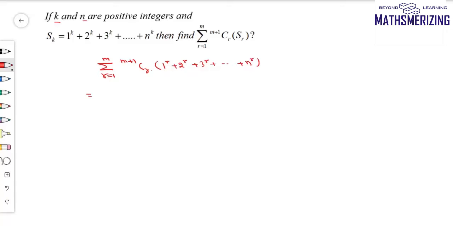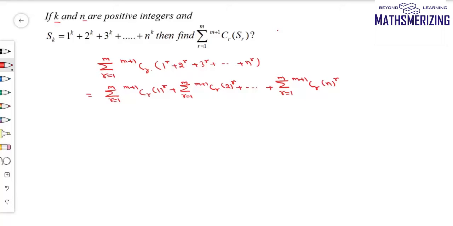So now I'll separate all these summations: summation r from 1 to m plus 1 of (m+1)C_r times 1 to the power r, summation r from 1 to m plus 1 of (m+1)C_r times 2 to the power r, and so on, all the way up to summation r from 1 to m plus 1 of (m+1)C_r times n to the power r.